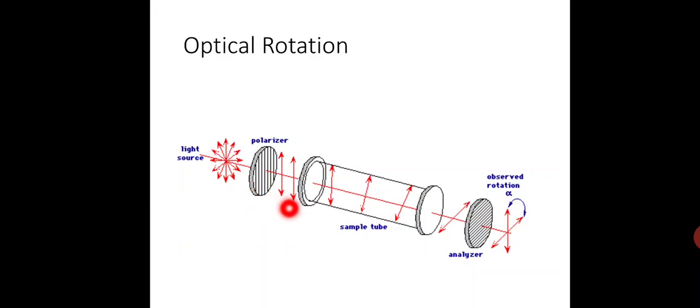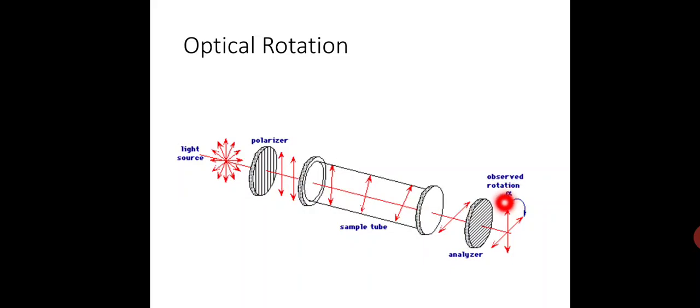This plane polarized light is allowed to pass through a sample tube which contains an optically active compound. Here you have a solution of an optically active compound, and this plane polarized light, upon passing through the sample solution, will undergo a rotation, and ultimately you can see the plane of vibration has been shifted by an angle alpha.